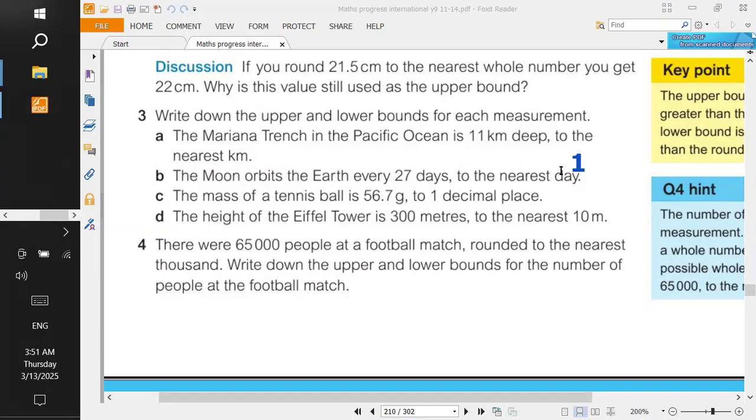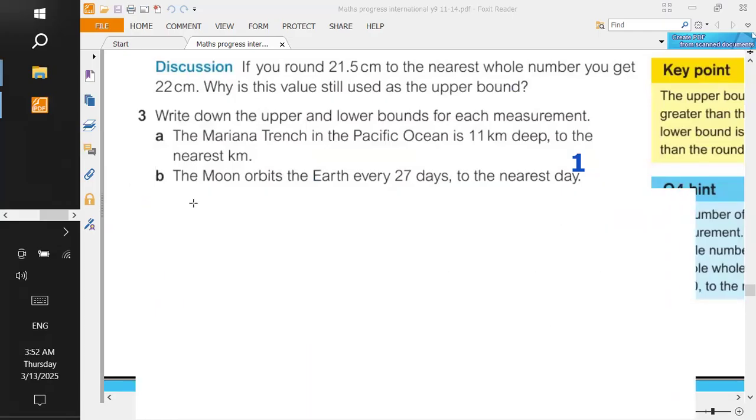First thing I do, I take the 1 divided by 2. This will give me 0.5, which is what? Very good, the absolute error. Now I'm going to use the 0.5 to find the upper and lower bound. As we said, we add it to the original to find the upper bound.